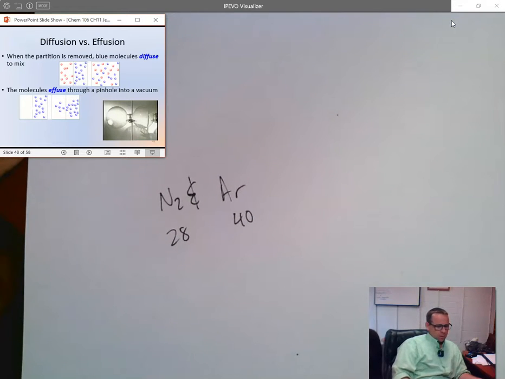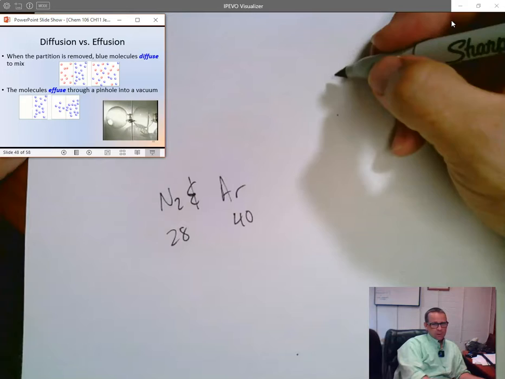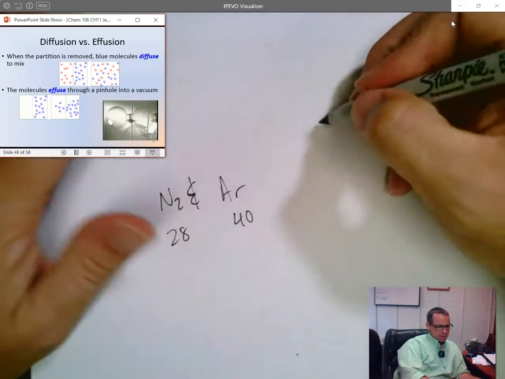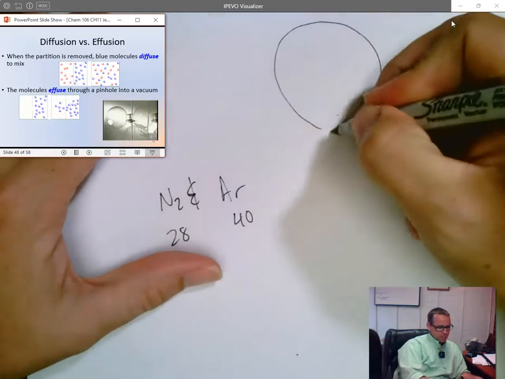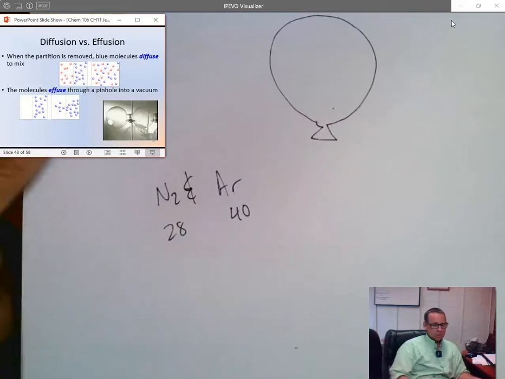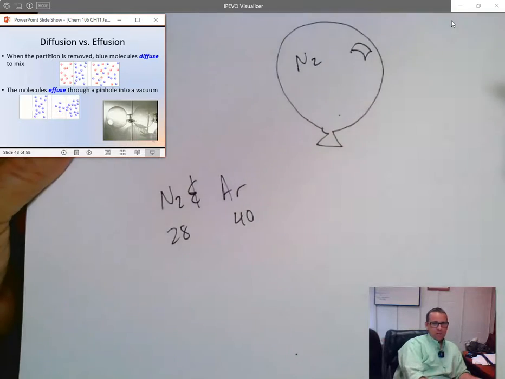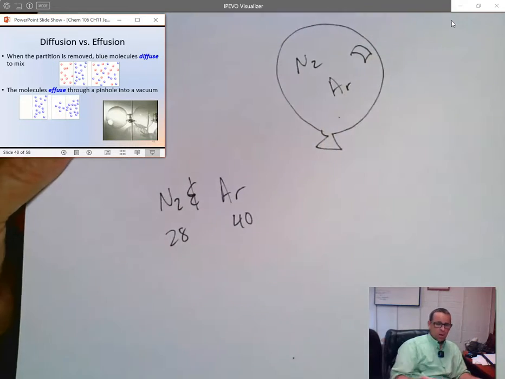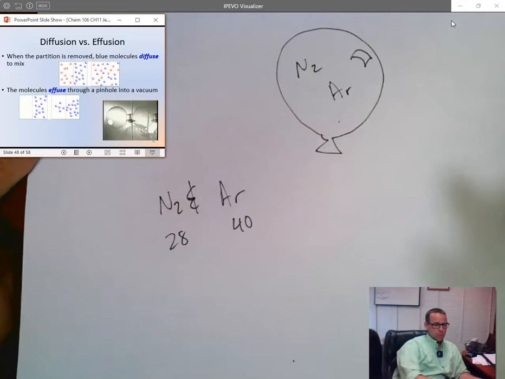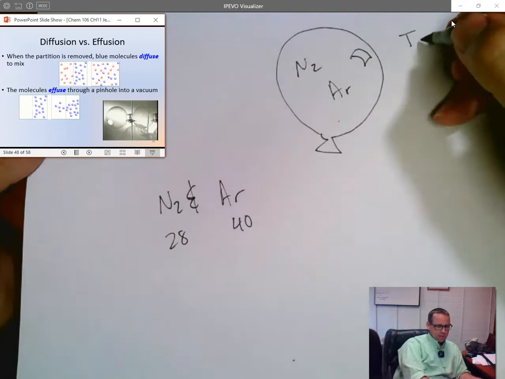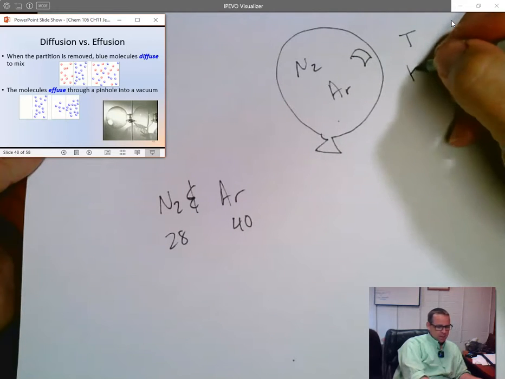All right. So if I have a system, there it is, a balloon, and if I have in this balloon nitrogen gas and argon gas, and they're at the same temperature, that means they have the same kinetic energy.